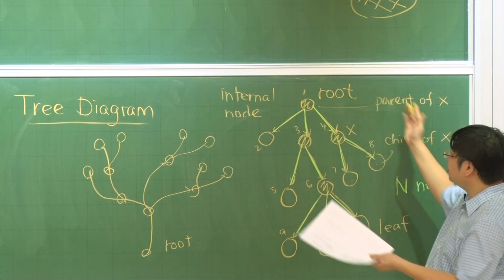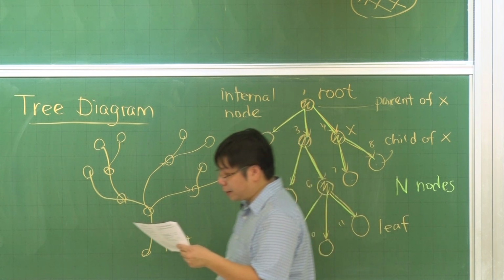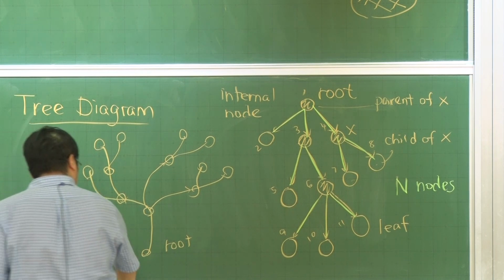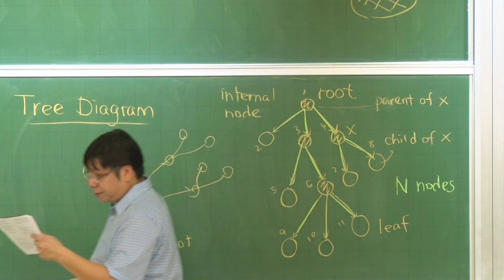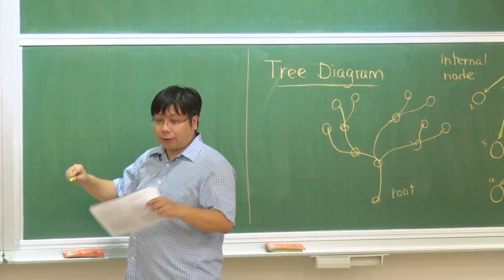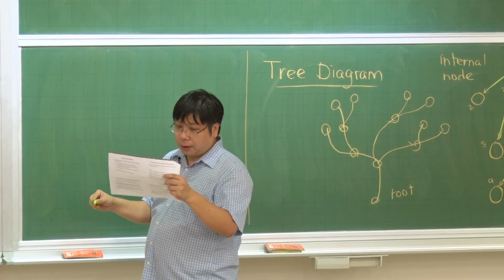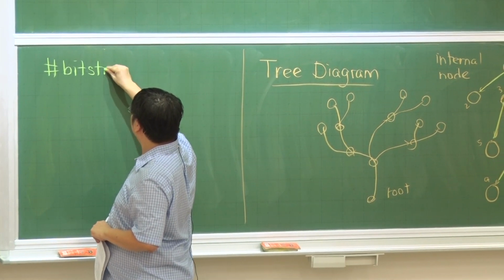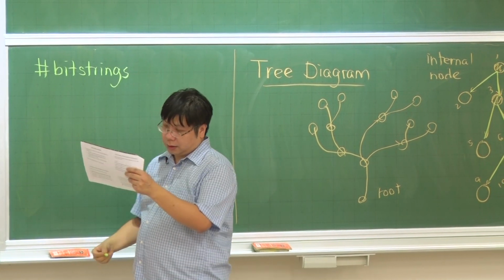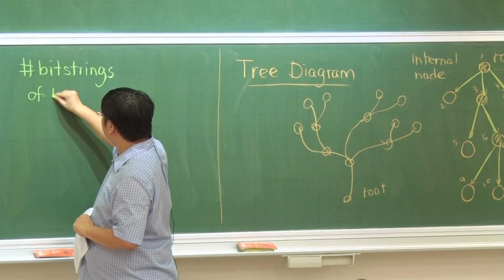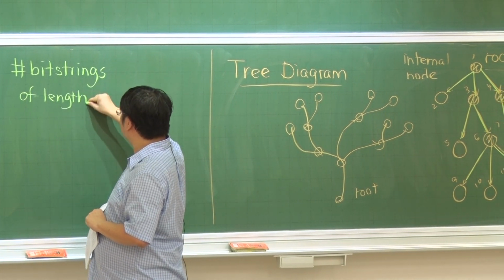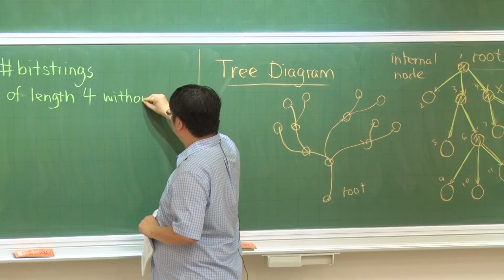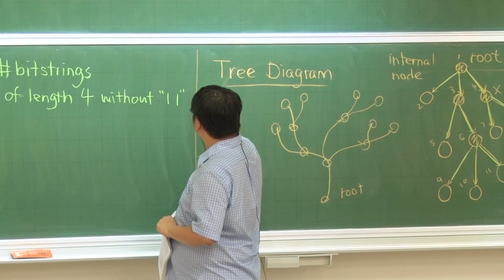And how do we use a tree diagram to help us do counting? Let's use an example to explain. Let us look at the case where you want to count the number of bit strings of length 4 without 1 inside.